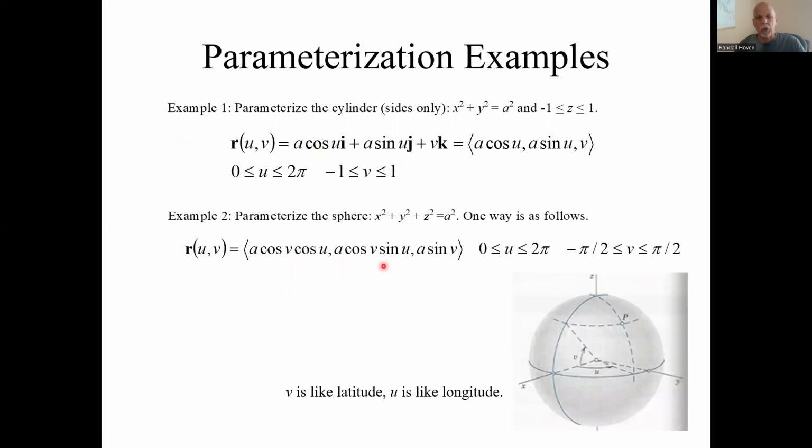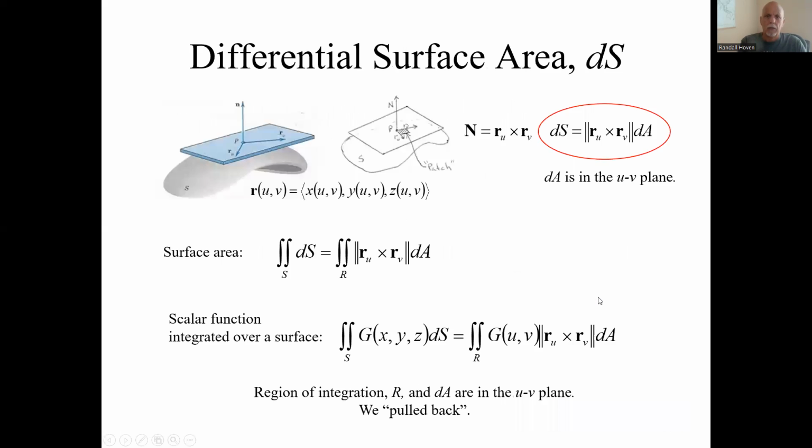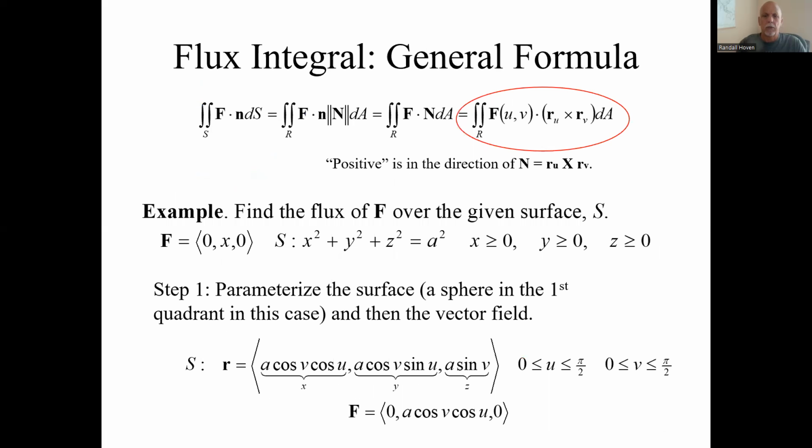Now we're only in the positive x, positive y, so our u will only go from 0 to pi over 2 instead of all the way around 2 pi. And our v will go from 0 up to pi over 2 also. That's our R. This is now our surface parameterized in just two variables.